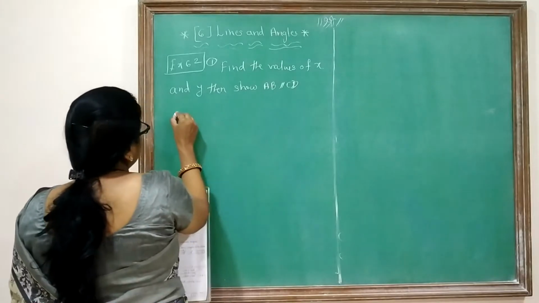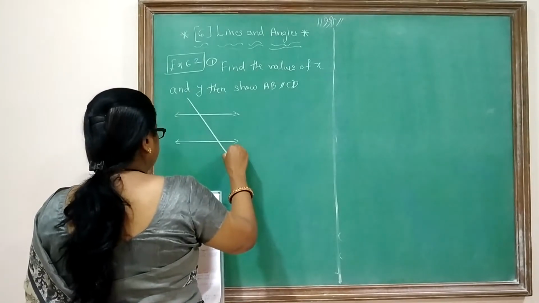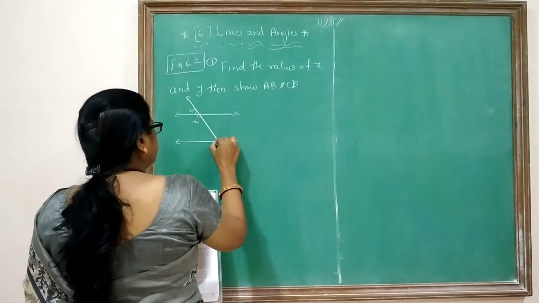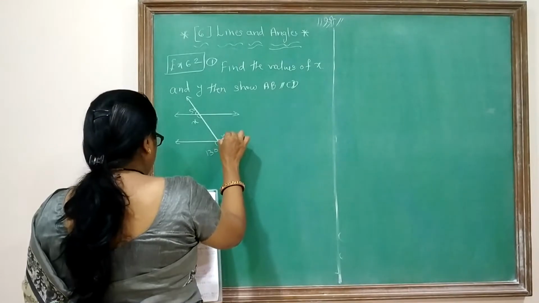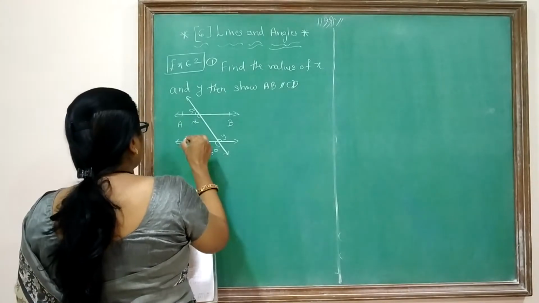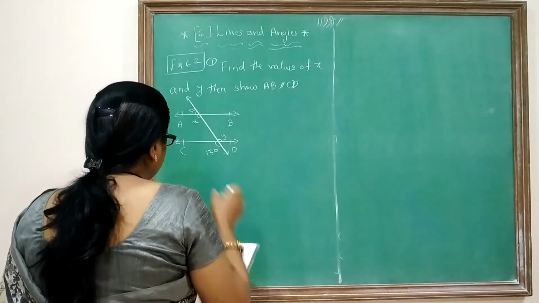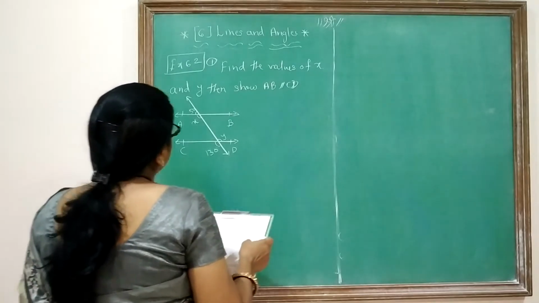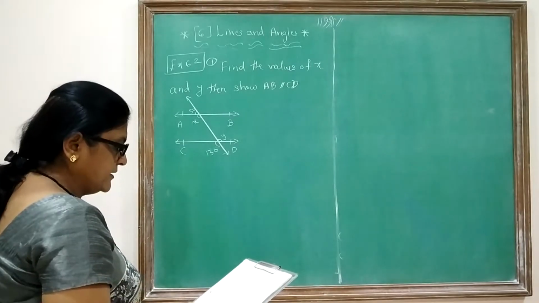This figure is given in your textbook, with 50 and x, then 130, then y. First read your question: find the values of x and y and show AB parallel to CD.